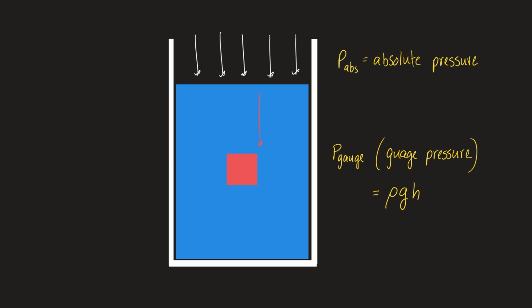So when somebody tells you what the pressure is you're experiencing, you have to ask, are you telling me the absolute pressure, or are you telling me the gauge pressure? They're two different things. Absolute pressure is going to be the gauge pressure plus whatever the atmospheric pressure is at the surface of your liquid.